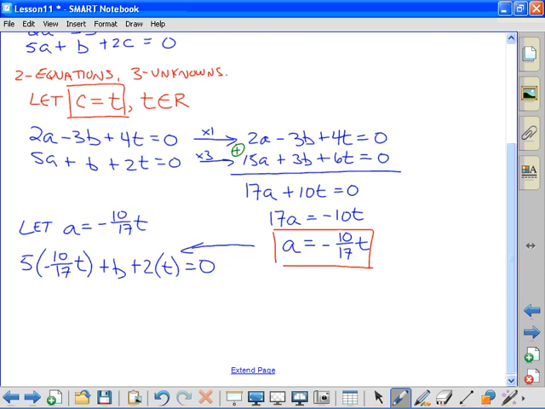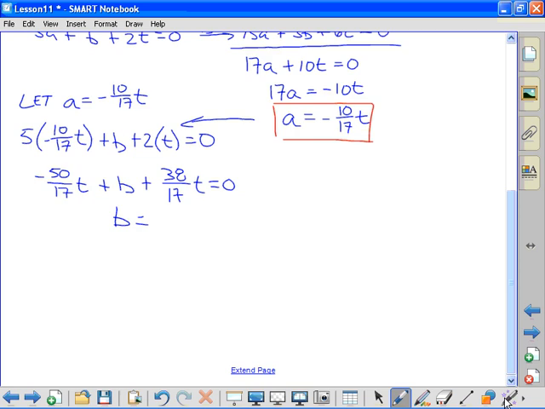So I end up with negative 50 over 17 t plus b, and that 2 I'm going to make into a denominator of 17. So 34, nope, try that again. 17 doubled is 38. t equals 0.